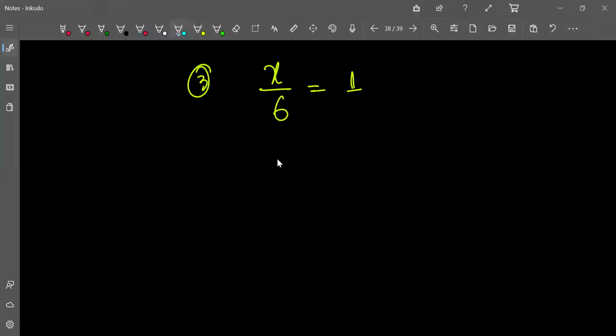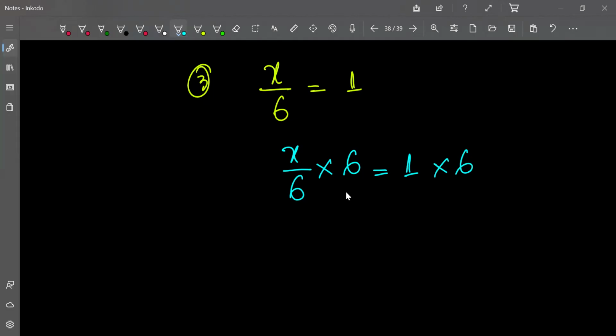Okay. So in this case, we have x over 6 and multiplied by 6. So 6 divided by 6 is 1 and 1 multiplied by x is x. So the first side is x. Okay. And the second side is 1 multiplied by 6.